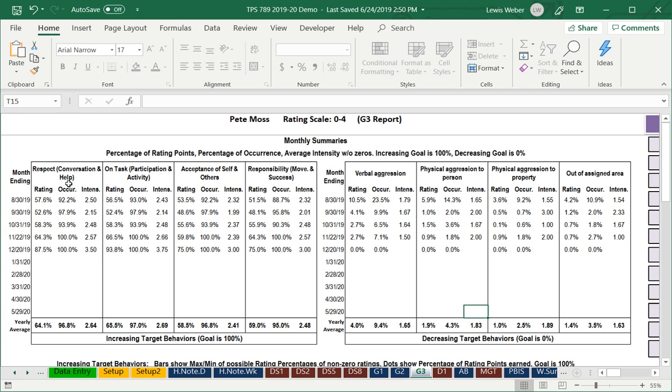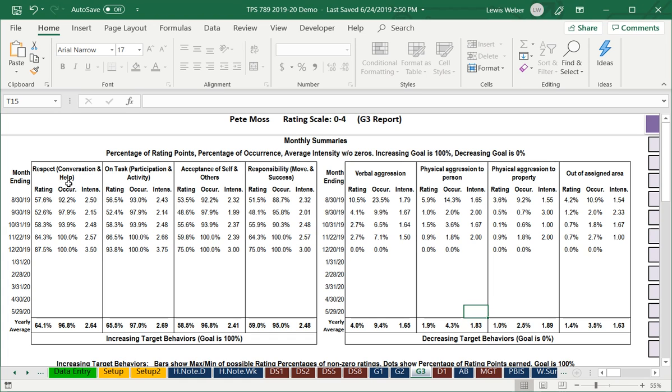So the percentage of occurrence is the percentage of those recording blocks in which some level of respect occurred. It could be a 1, it could be a 4, it could be a 2 or a 3, of course, not a 0. So a 0 is not being recorded as an event in occurrence. We're only looking at the percentage of the recording blocks where there's some non-zero value.